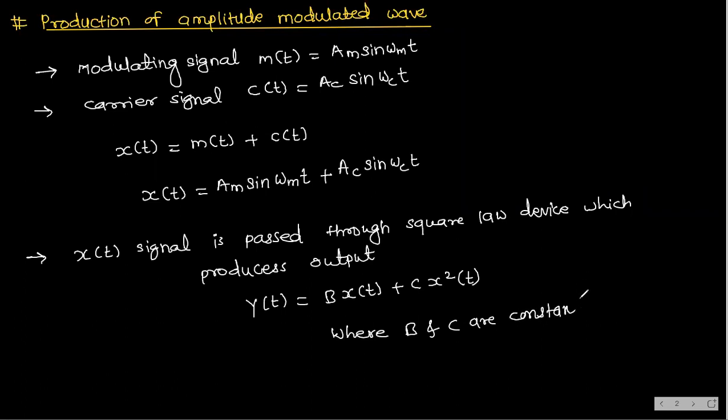So what we did, we have first signal, second signal, and then addition of these two. And when we pass this signal through a square law device, we get output something like that. Then we will substitute this x of t here also. We will square here and we will go ahead with the derivation on the next page. First of all, you note down this. Till here understood? Note down.